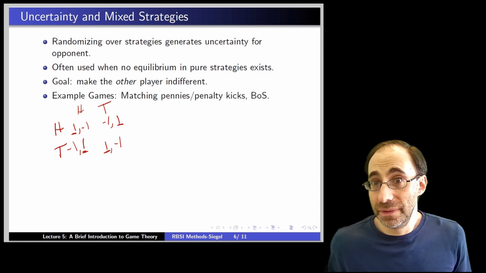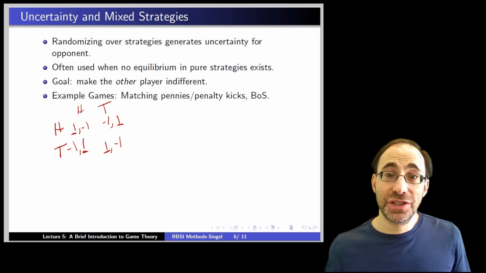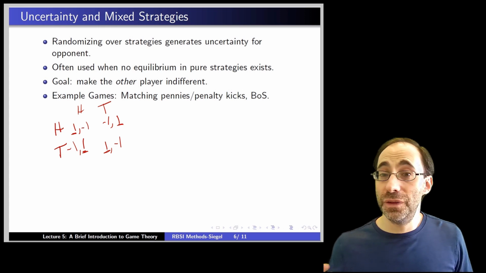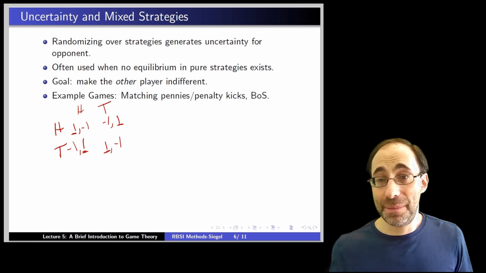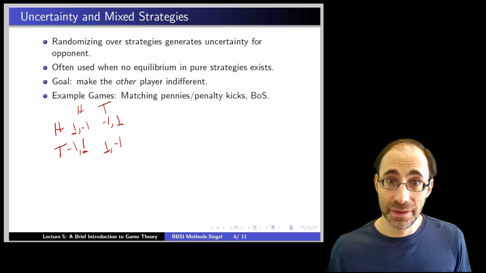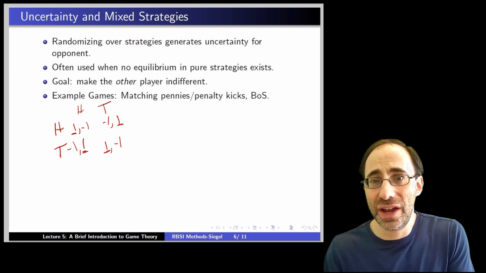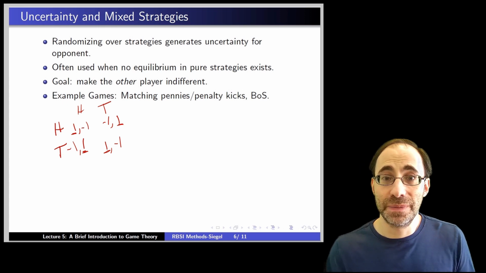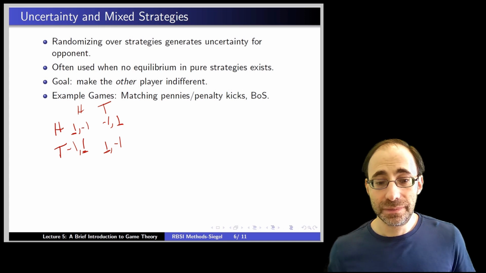I don't mind. It's only when heads or tails is strictly better for me that I will only play heads or only play tails, and I would not be happy with mixing. We say we play a mixed strategy, or we mix, when we play multiple pure strategies with some probability each that's greater than 0.